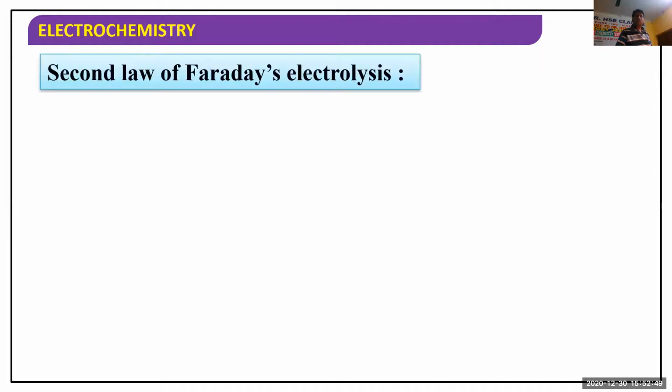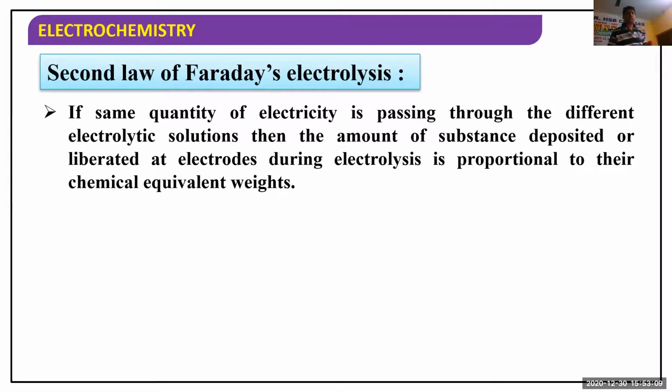The second law is that if the same quantity of electricity is passed through different electrolytic solutions, then the amount of substance deposited or liberated at the electrodes during electrolysis is proportional to the chemical equivalent.